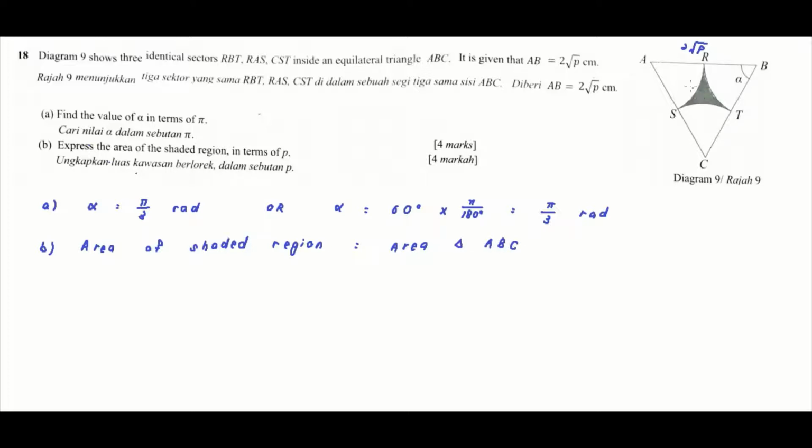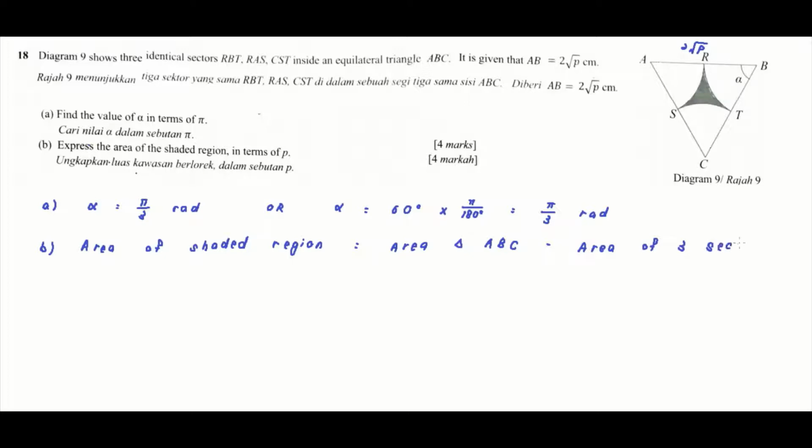After I get the area of the big triangle, I need to find the area of the three identical sectors, then use it to subtract. Then I will get my answer. So I will minus the area of the three sectors.